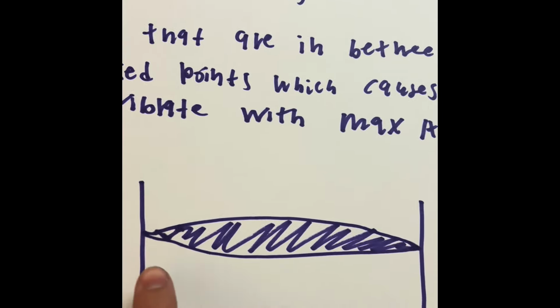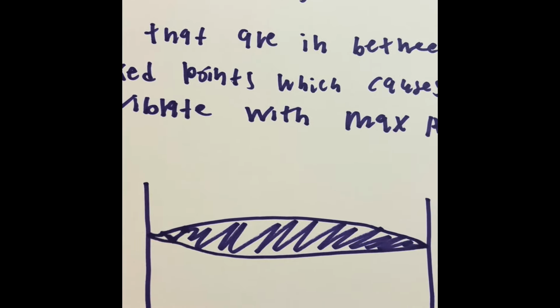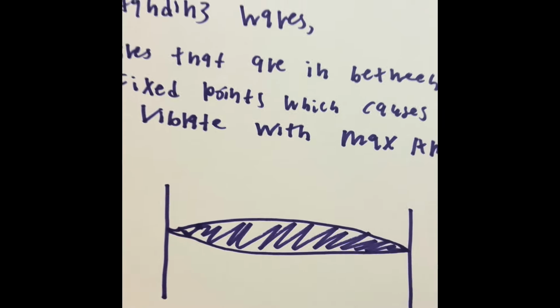That's because they're standing waves, because the string is between 2 points that are pulling a lot of tension on the guitar, which is causing it to vibrate really, really fast.